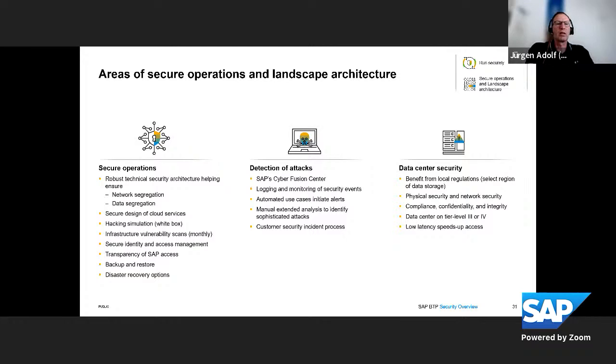And then we will analyze the attacks and we have a customer security incident response where, when you see that there's something malicious going on, you can report such an incident. And we have data center security, physical security, network security in place. And our data centers are on tier level 3 and 4, which means they have a lot of security measures inside, like doors and cameras and all this kind of stuff.